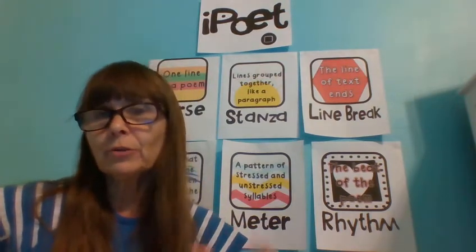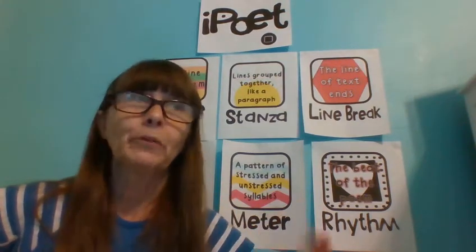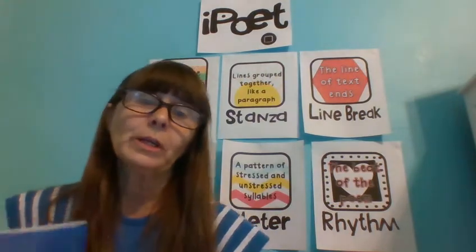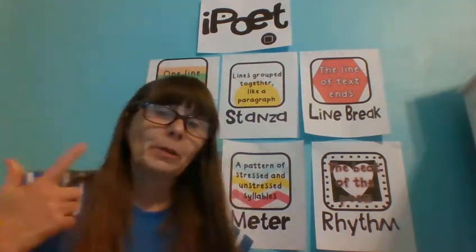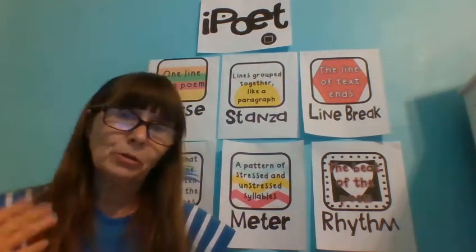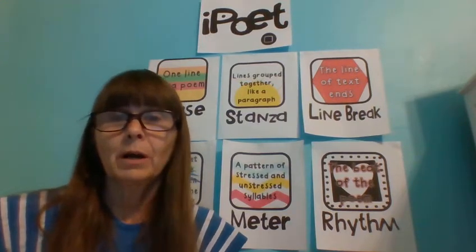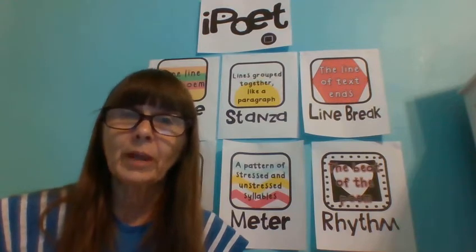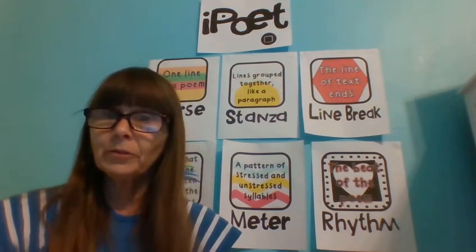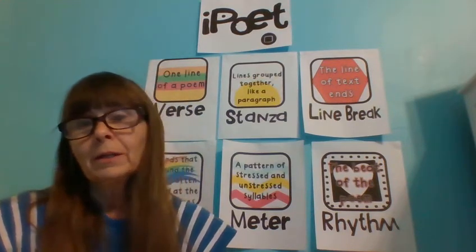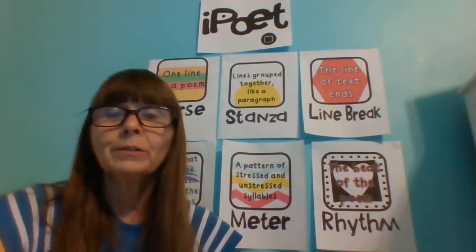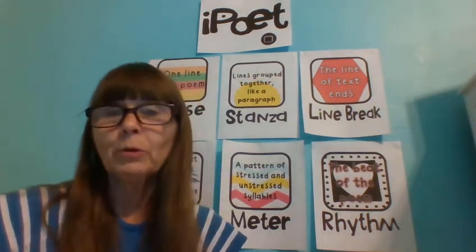Now we know that Dr. Seuss wrote many of his books using poetry and rhyme and rhythm and meter and all of those things. So I thought we'd read another book from an author who tends to use the same approach to telling a story, which is one way of using poetry.